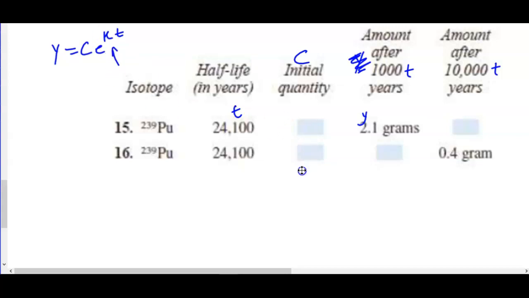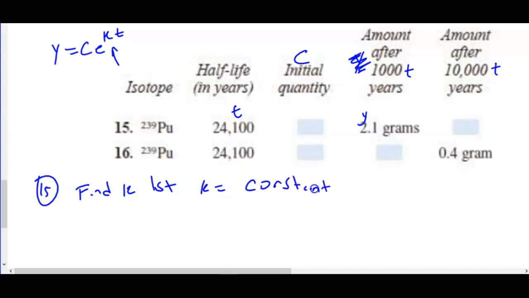To find that constant value, what we need to do is find k first, because k equals the constant of proportionality. Sorry, guys, not probability, proportionality. Constant of proportionality.